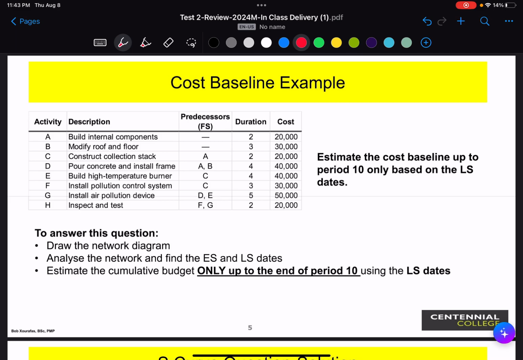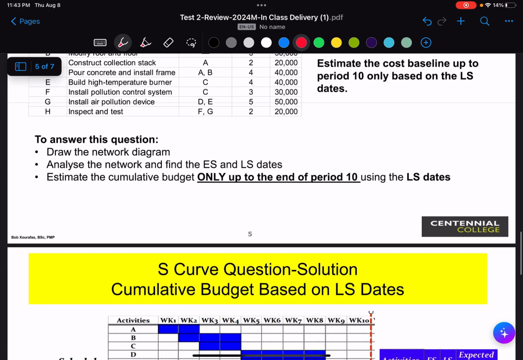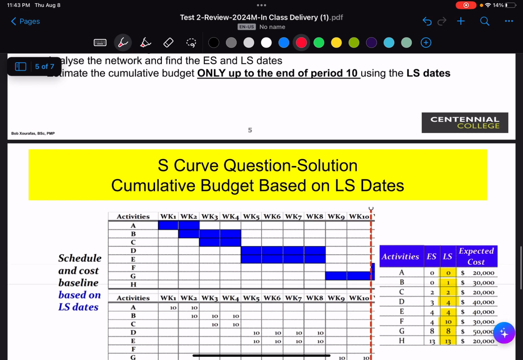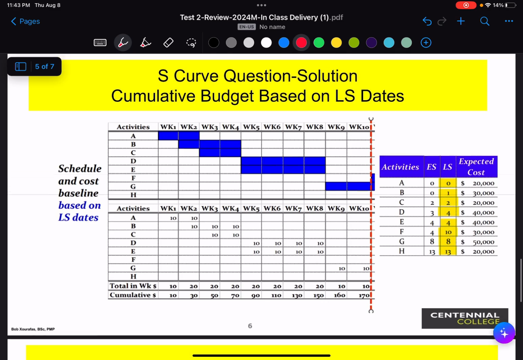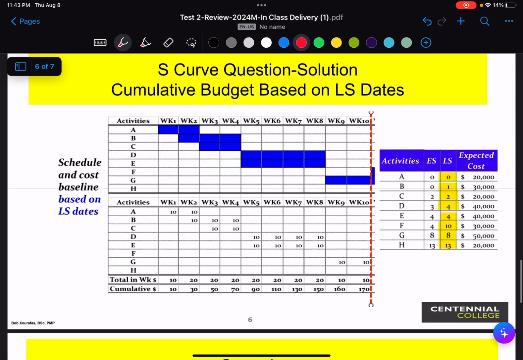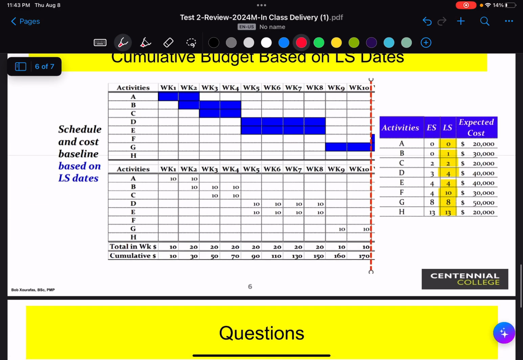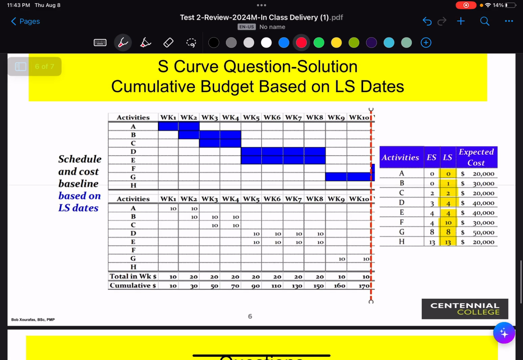And when that is done, to then come up with a budget up to a certain period within the schedule or within the network diagram. A solution is presented here, but this may not be straightforward enough. So we'll take this opportunity to practice our network diagram and activity sequencing.